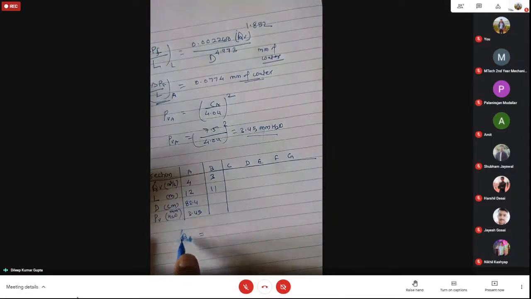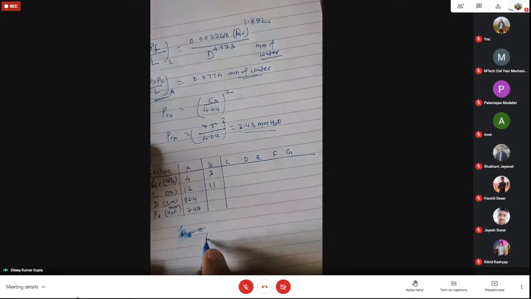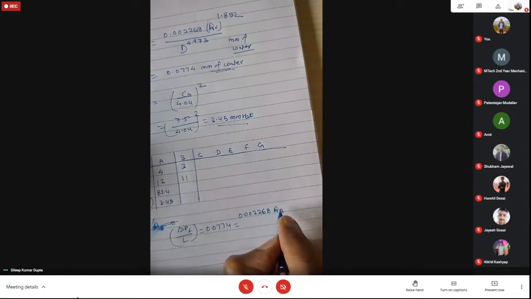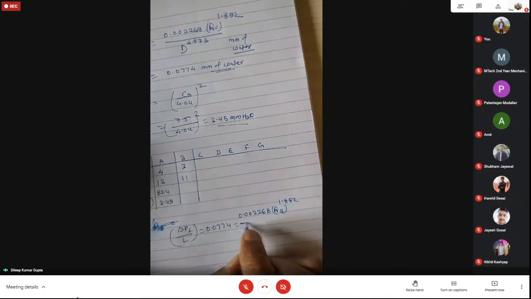Now calculate the value of diameter here. So how will you calculate the diameter? We'll assume that delta P of friction per meter will be equal to a constant, that is given as 0.0074 here, and that will be equal to, again using the same formula which we have used here, that was 0.002268 QB raised to power 1.852 divided by the diameter of B raised to power 4.973.